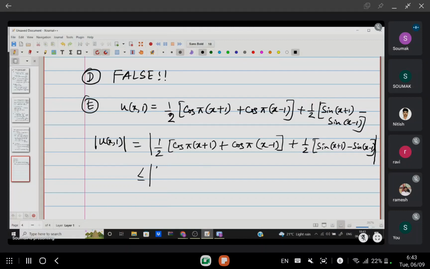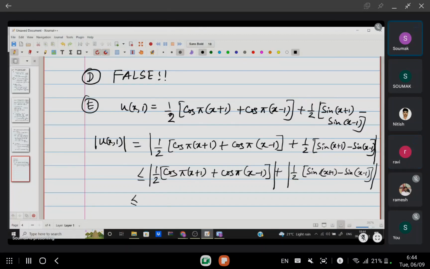So mod x means this: cos pi x minus 1, plus half sine x plus 1 minus sine x minus 1. Oh sorry, a mod x plus mod y. Okay, is it okay with this line?